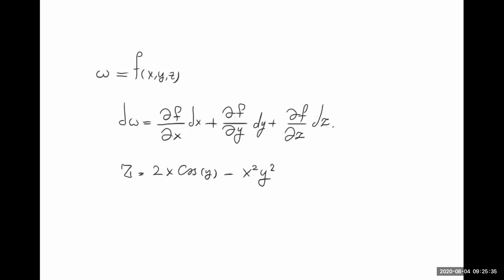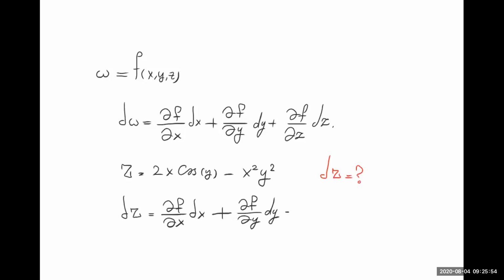So, if the question is find dz, what is dz? I should say dz is equal to partial derivative of f with respect to x dx plus partial derivative of f with respect to y dy. So this z is actually equal to f of x and y, right?